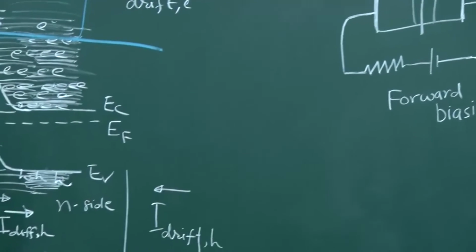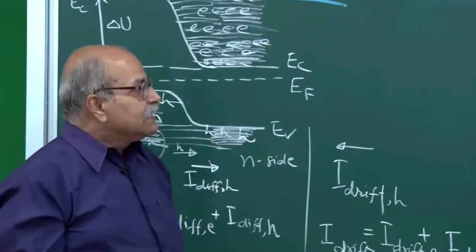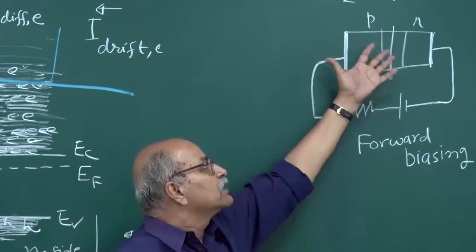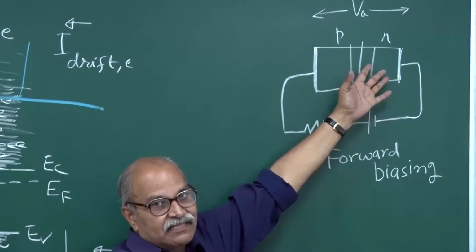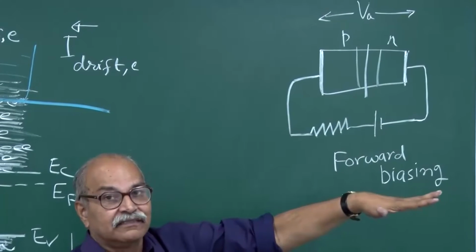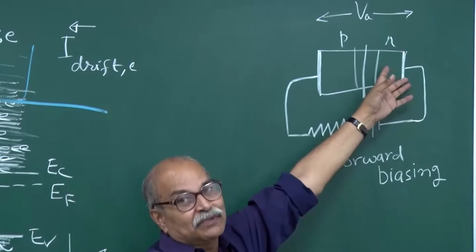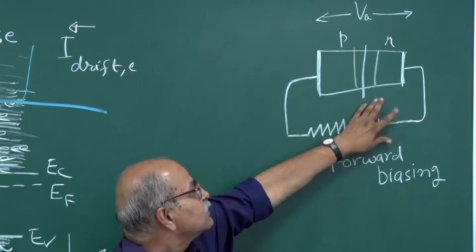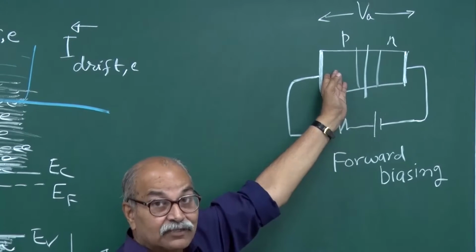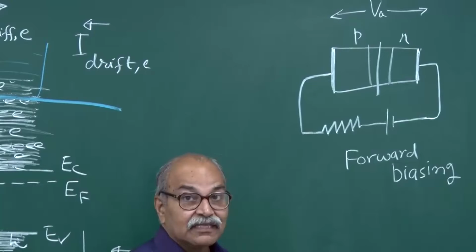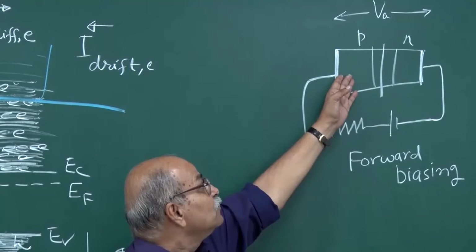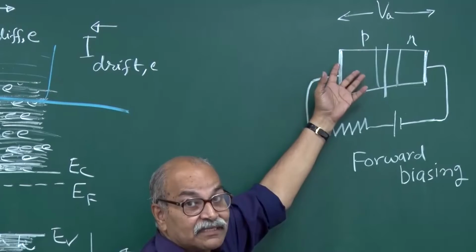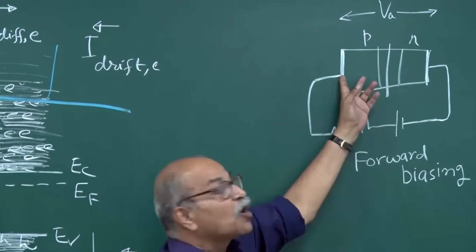What will happen? We are increasing the potential of this P side as compared to the N side. If I take this N side as the reference side, zero potential, then before this cell was connected, this was already at some potential, you know that. Now we are putting extra potential there. This VA is on top of that.